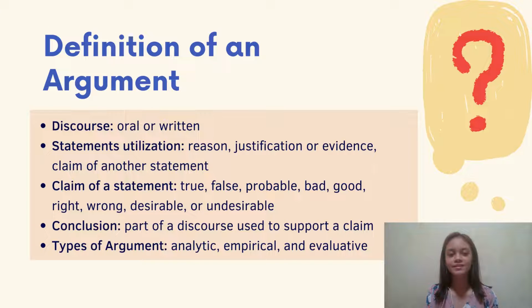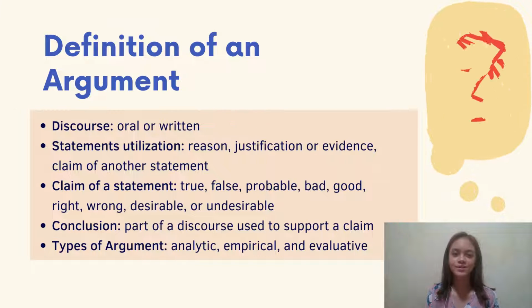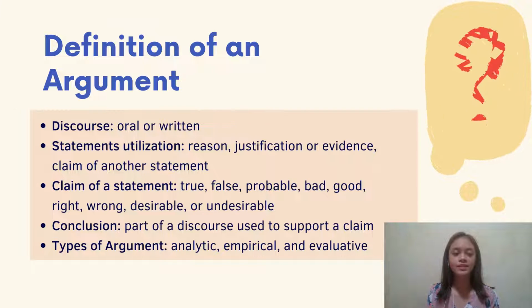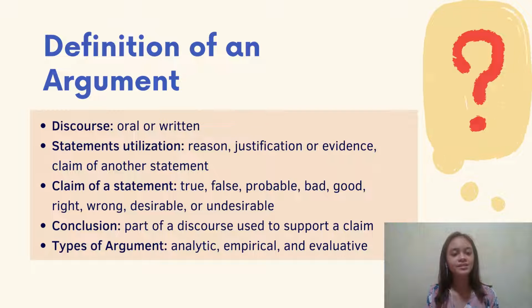To quote, an argument is any discourse, whether oral or written, in which some statements are used as a reason, justification, or evidence to support the claim of another statement. The claim of a statement may be something true, false, or probable, something good or bad, right or wrong, desirable or undesirable. The part of the discourse used to support a claim is called the conclusion.